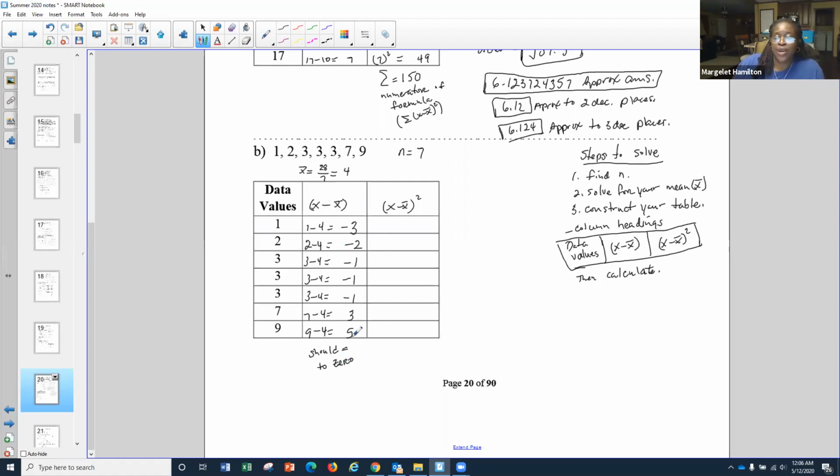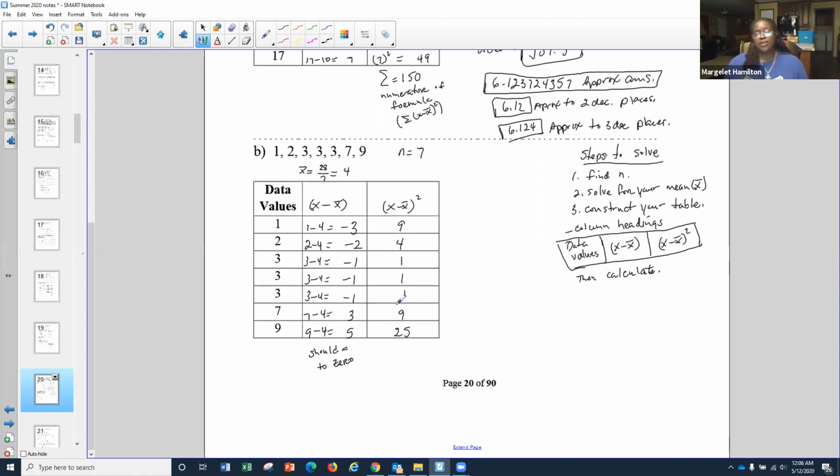All right, so now let's go ahead and square it. Making sure we know everything should be positive in this column. So negative 3 squared gives me a positive 9. This is a positive 4, a 1, 1, 1. Here it is a positive 9 and 25.